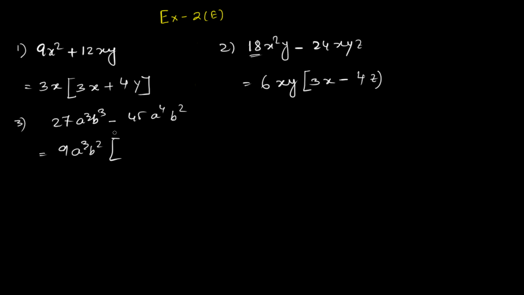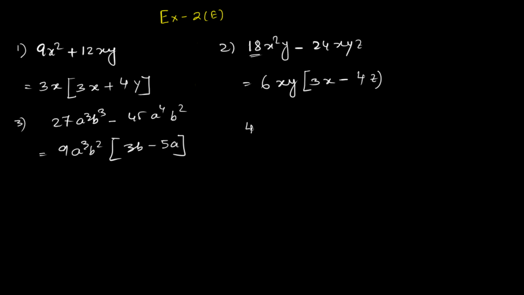The maximum common part between a cube and a to the power 4 is a cube, so we can take a cube out. And from b cube and b square we can take b square out, so we are left with, sorry, so 3b minus 5a.